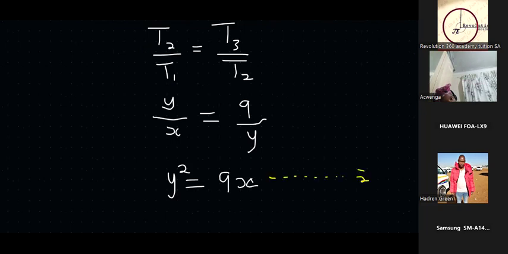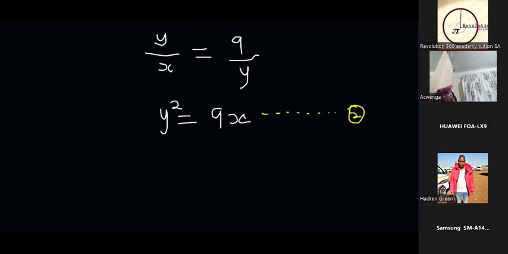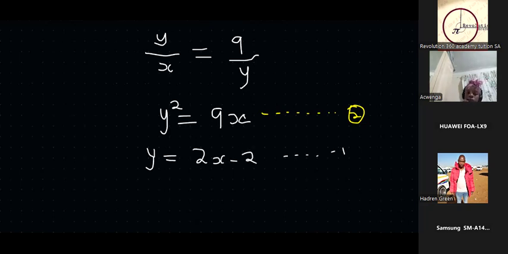So let me rewrite equation number 1 here because that time I wrote it just up there. I want to use it as well. So remember our equation 1, we got y equals 2x minus 2. So that was our equation 1. Those who didn't see it, let me show you. There you go. You can see equation 1 is 2x minus 2.